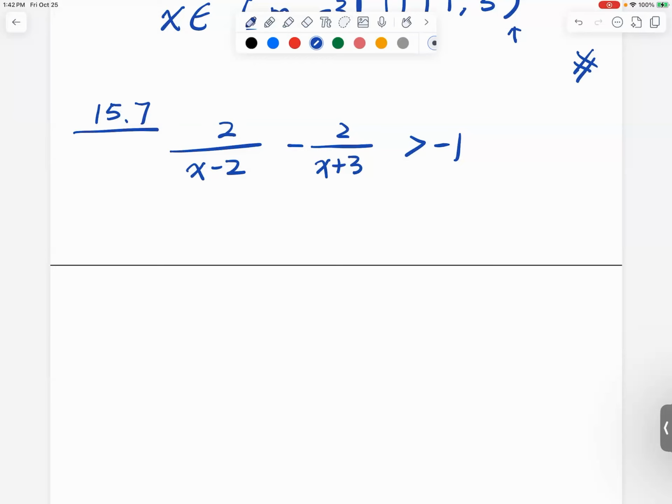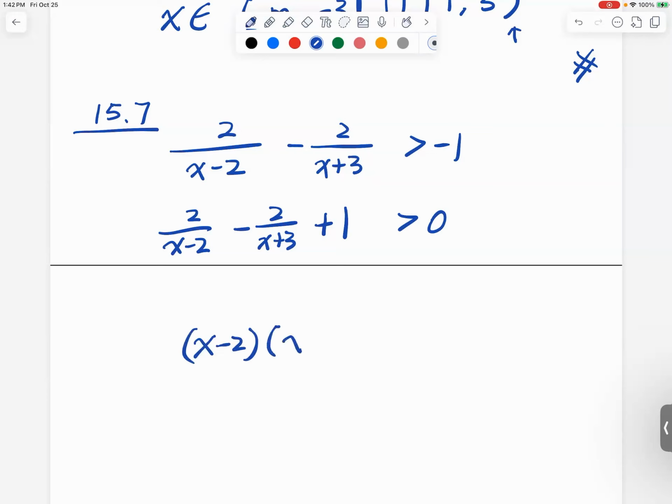For this kind of problem, we need to do some preparation before we solve it. First, we move all the terms to the left-hand side, so we add 1 to both sides.